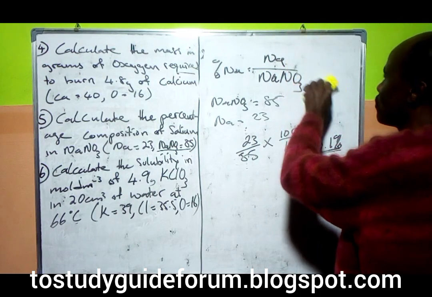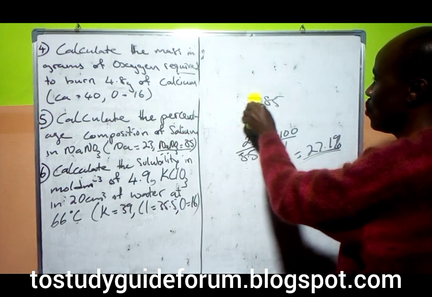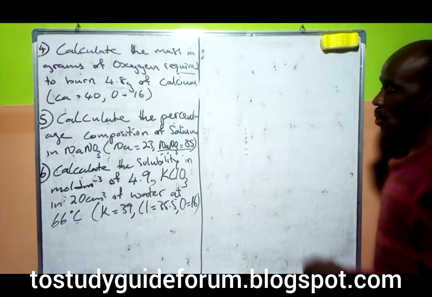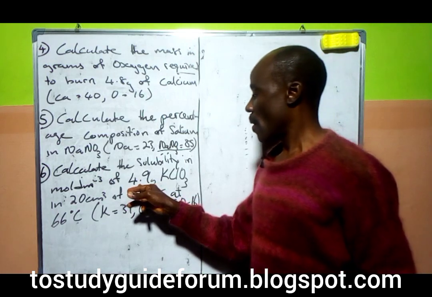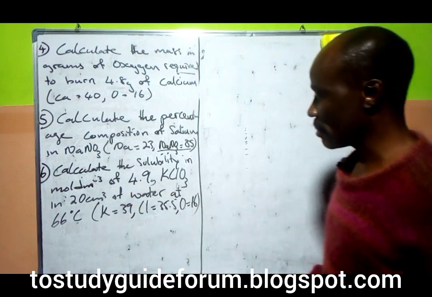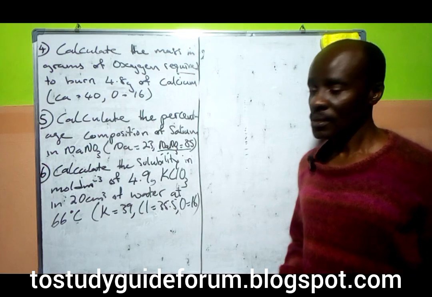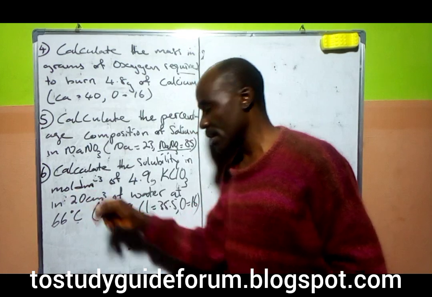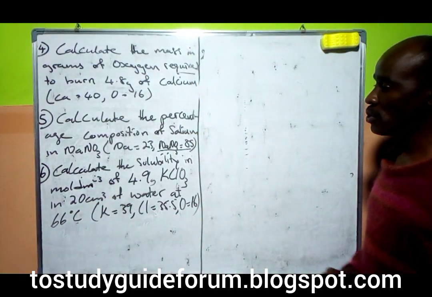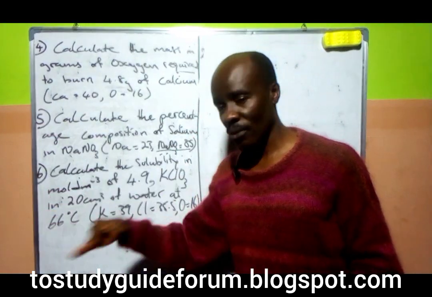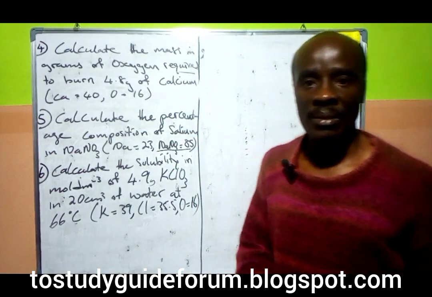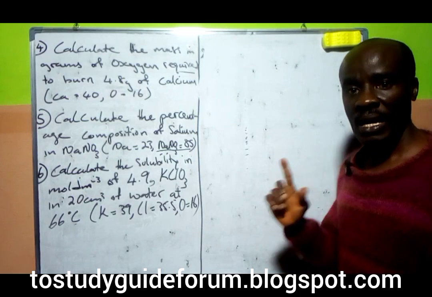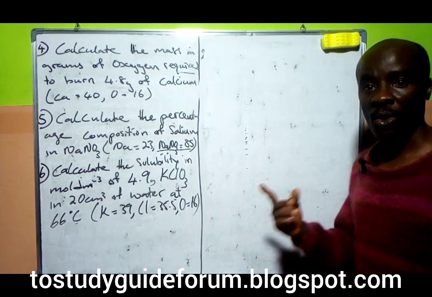To solve this problem, we need to know the grams that can saturate 1 dm cube, because we're looking at it in mole per dm cube. From the gram that can saturate it, we can then find the mole per dm cube. We know that 1000 cm cube is equal to 1 dm cube, or 1 liter.